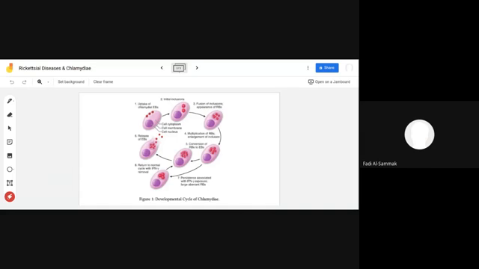They are also implicated in this interaction between the elementary bodies, those red dots, and the host cell. Now we have the attachment, and the second stage is that the EB will enter the cell, because we said before, it is an obligate intracellular microbe. So there should be entrance inside the cell, and this is usually achieved by receptor-mediated endocytosis.